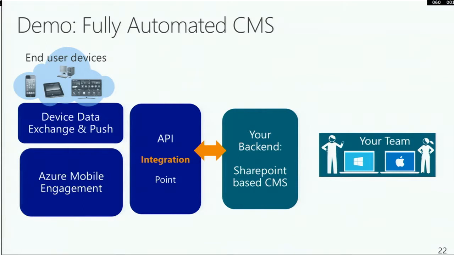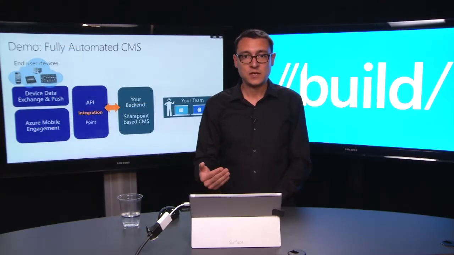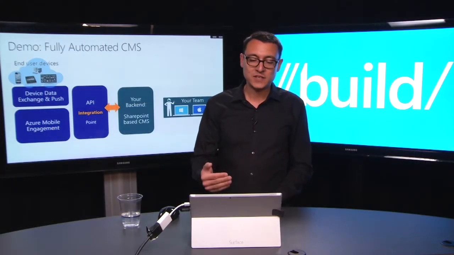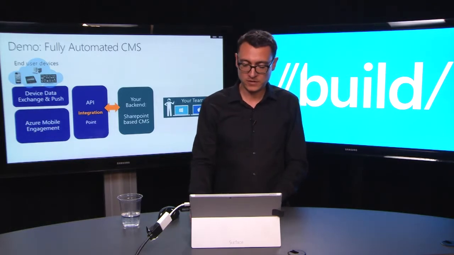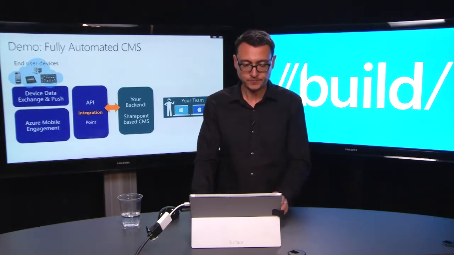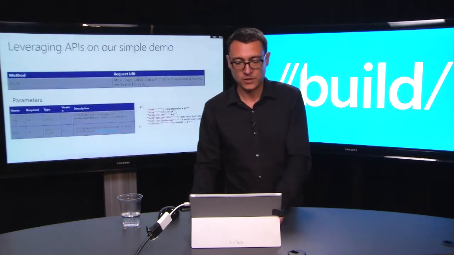And that's actually what we will do. We will automate the sending of a notification from a very simple content management system that we built on SharePoint. So basically, in our demo case, the user creates content in the CMS, and automatically it will create a campaign and send the notifications. So let's have a look at that.